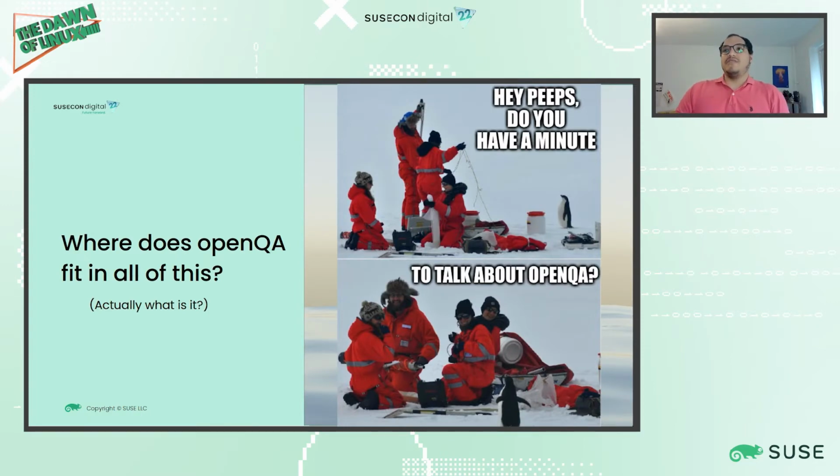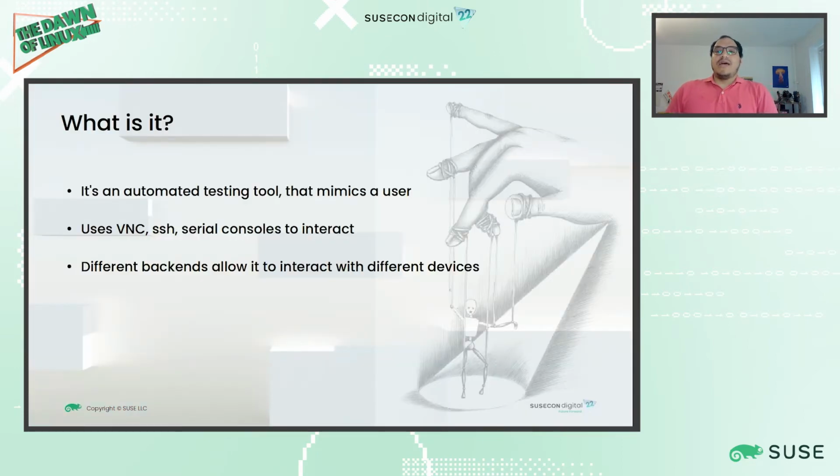Where does it fit in all of this? Well, I like to talk about openQA as a puppet and also kind of the puppet master. So you basically write the test and you explain to openQA how it has to interact with a particular device. So if you want to disconnect a network cable, you tell openQA, yeah, disconnect the network cable from that machine.